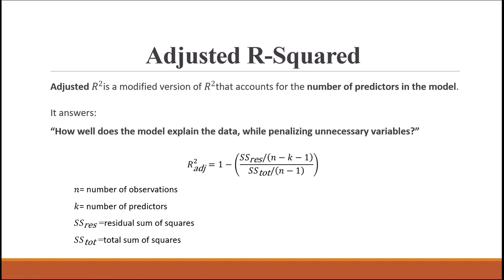So we use the R squared formula, but add the number of observations and number of predictors to add this penalization to the formula of adjusted R squared.